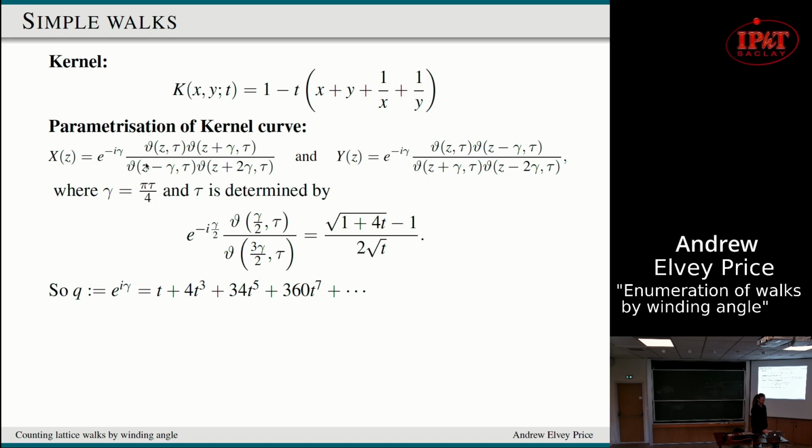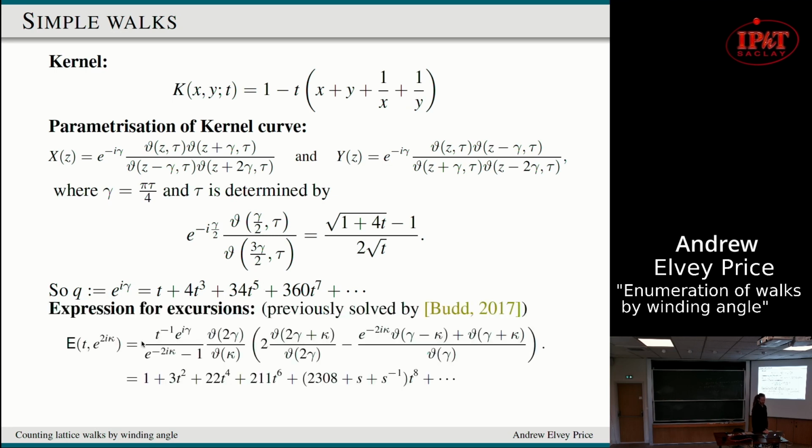So in other words, for simple walks we have this parameterization with just one variable, tau, which is related to t, and that's determined by this equation. And so Q is this series in P. And then for this case, we get this expression for excursions. This was previously found by part, or a slightly different expression, but equivalent.